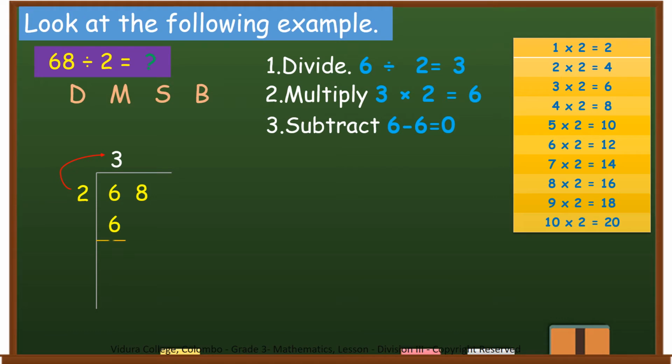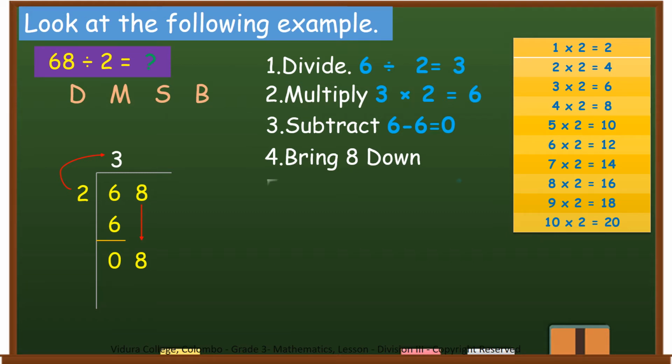Subtract 6 from 6. 6 subtract 6, answer is 0. Then you have to bring 8 down. Then again you can follow D, M, S, B.